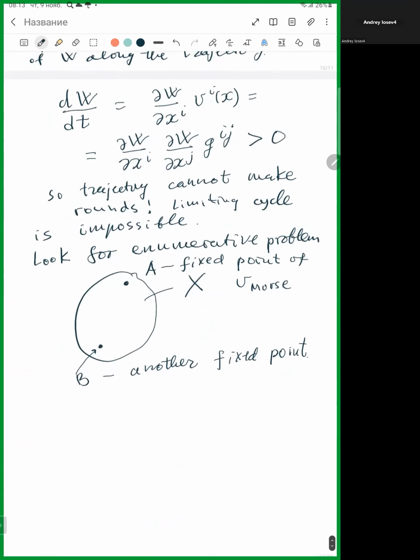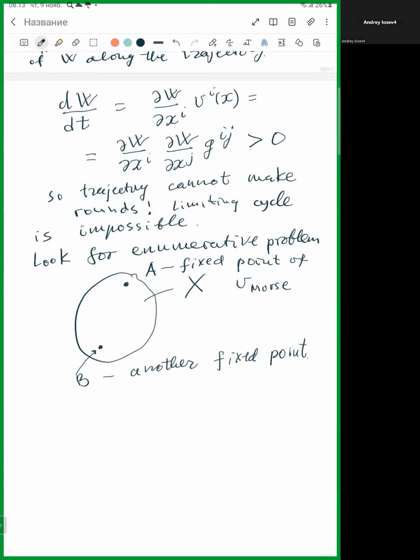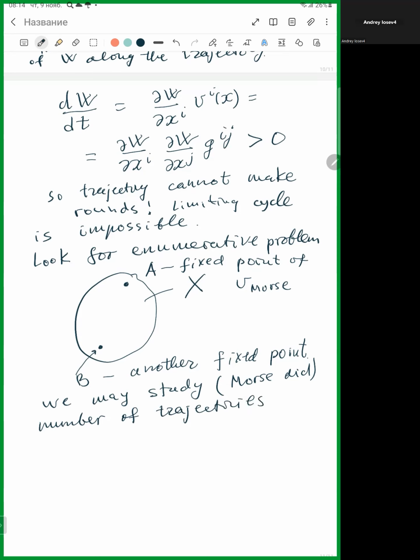So what can we study? We may study, it's a thing that Morse did. Number of trajectories going from A to B. Let me call it NAB.